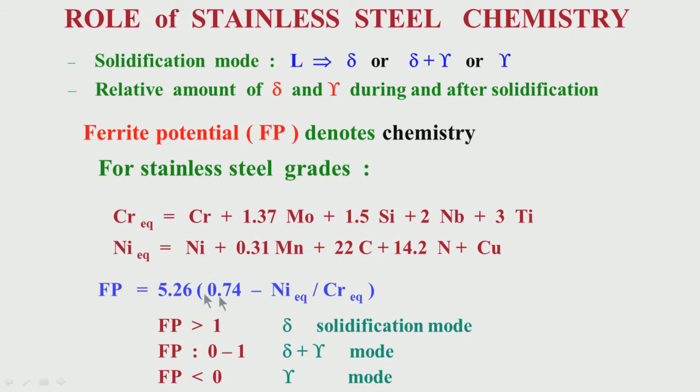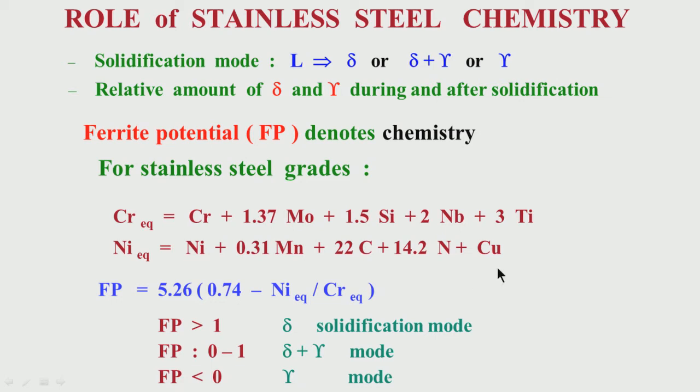This equation indicates, suppose we have 0.74 minus 0.55, how much does it become? 0.19, and then you multiply it with 5.26, it becomes 1. That is the significance of 0.74: if you deduct 0.55 from the ratio and then multiply with this, it will give 1. So the delta solidifying is more than 1.